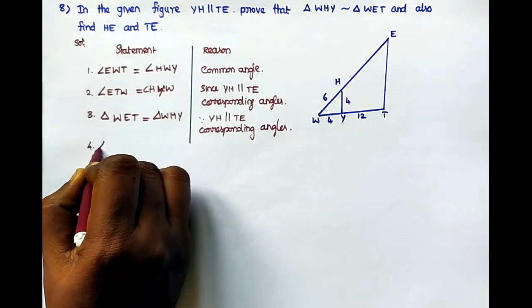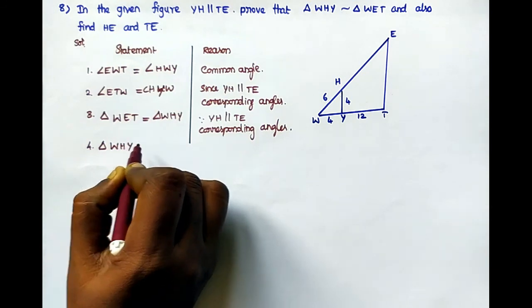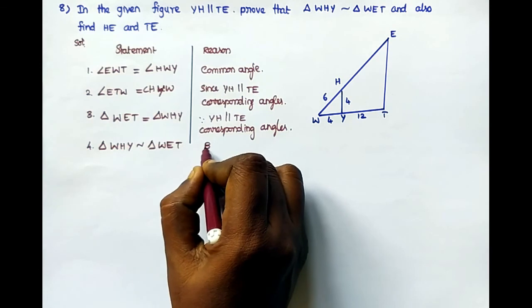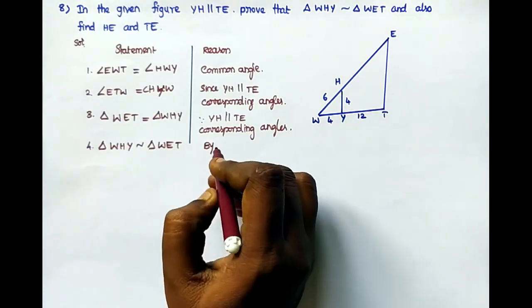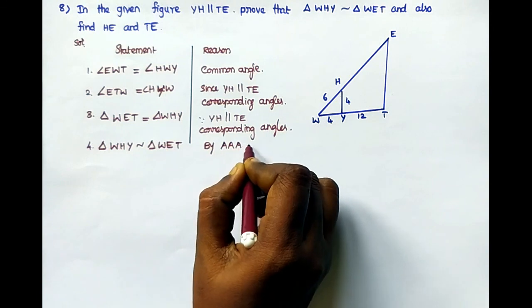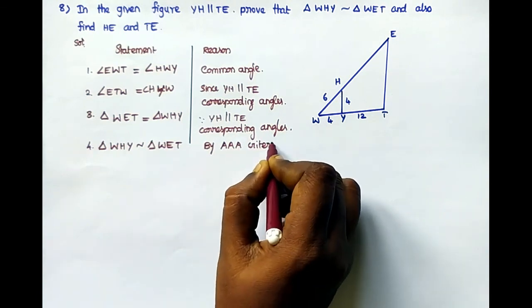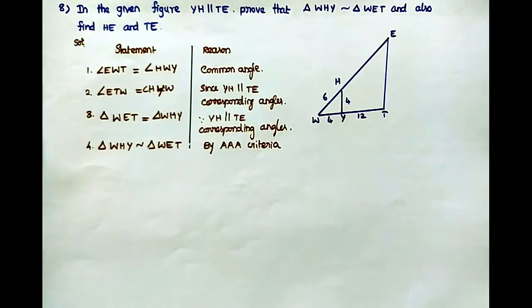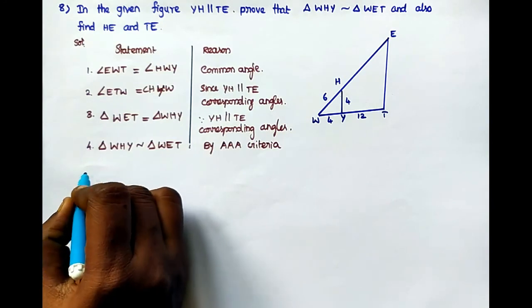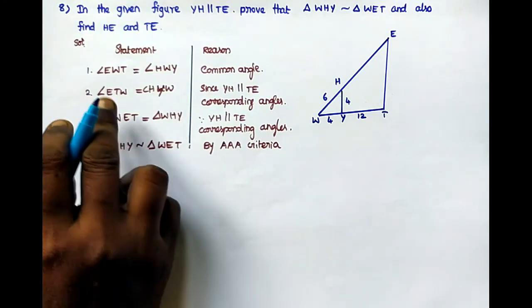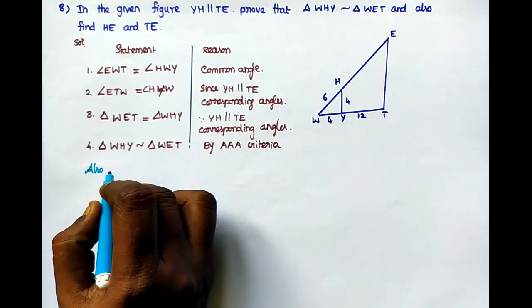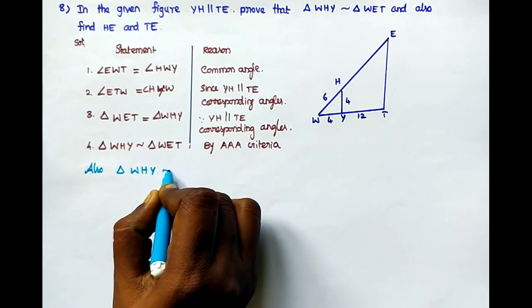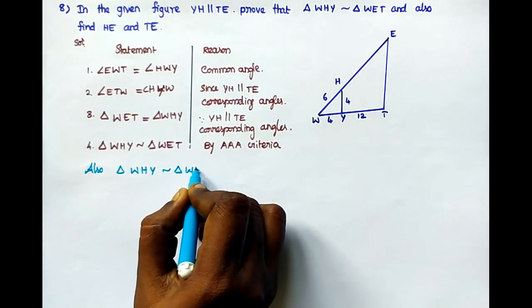And then fourth one, triangle WHY is similar to triangle WET by three angles are equal, that is angle, angle, angle criteria, AAA criteria. Now to find HE and TE, for that also triangle WHY is similar to triangle WET.